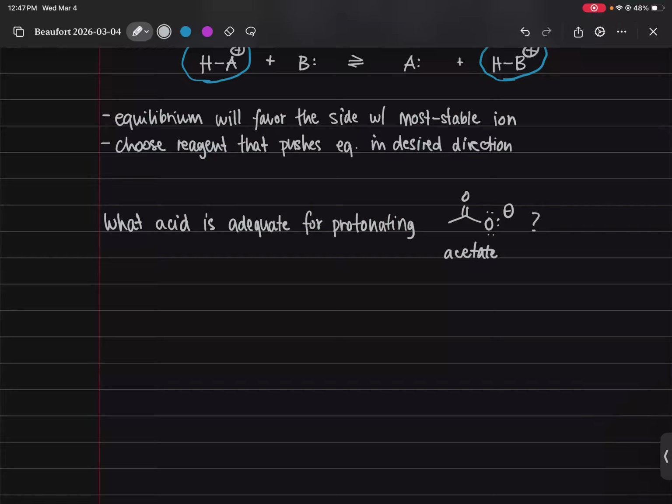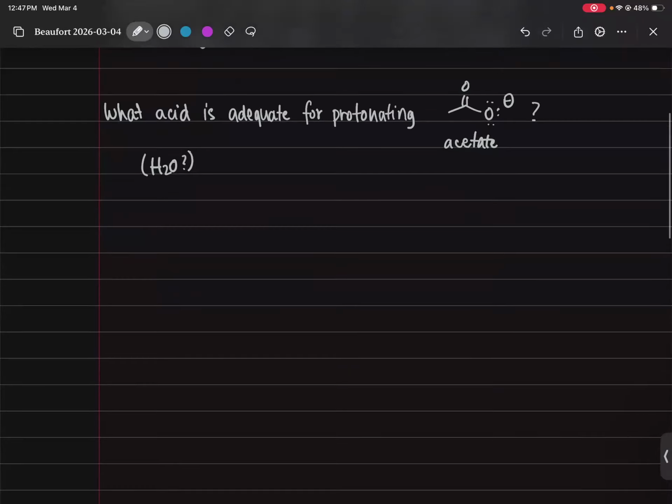Well, we know that water is amphoteric, so it can be an acid or a base. So maybe water is a good acid. It's certainly the cheapest one. So let's try that. We're going to write out an equation just like we have been, with acetate as the base and water as the acid.